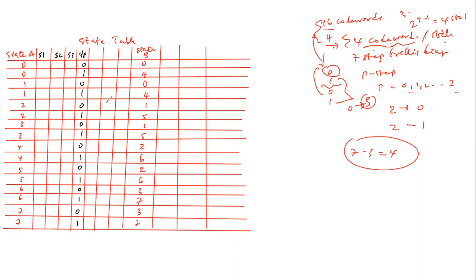And based on our shift register notation, we can populate this using the truth table. So let's just do that.